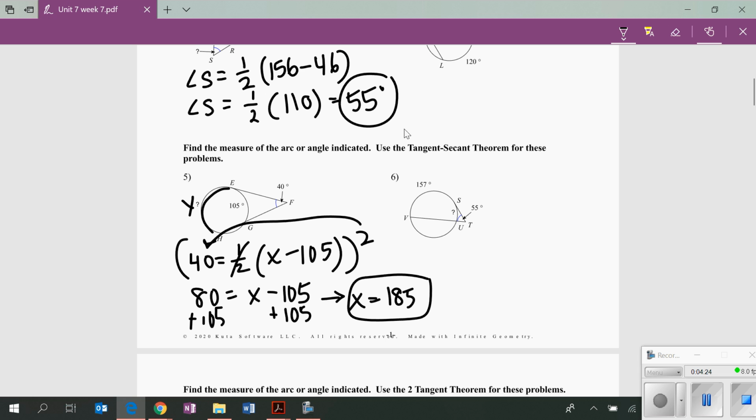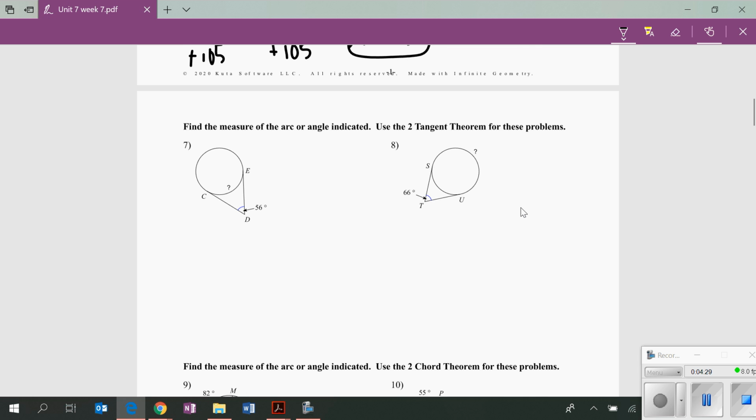Use that same tangent secant theorem on number 6. These next couple ones say using the 2 tangent theorem. So I'm searching for this arc here, which on your reference sheet is labeled as n degrees. So we'll call it n, or in my equation I can just say CE.